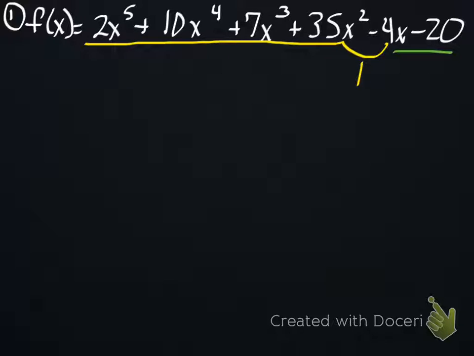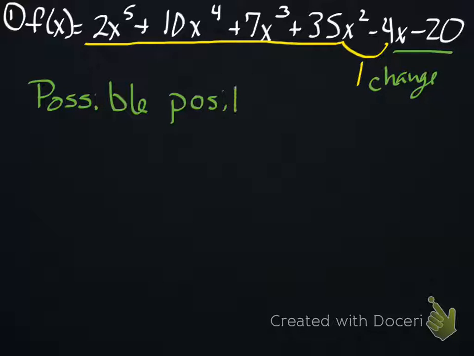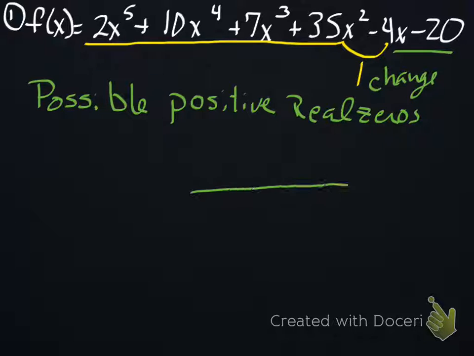So there's only one change. So possible positive real zeros is 1.